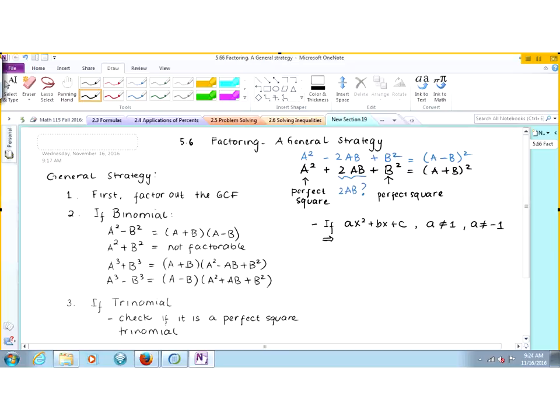What method do we use? Do you remember this method? Yes, so we use the AC method. That's the easiest one, right? Okay. And then 4, always factor out completely.